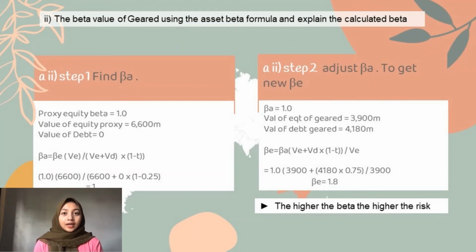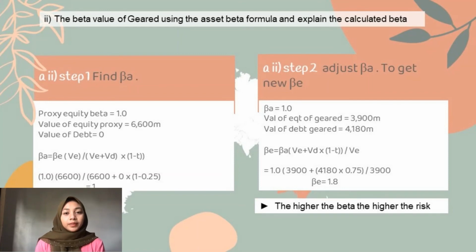Next, adjust the beta asset to get the new beta equity. For this question, we have beta asset at 1. The value of equity of geared is 3.9 million, and the value of debt geared is equal to 4.18 million.